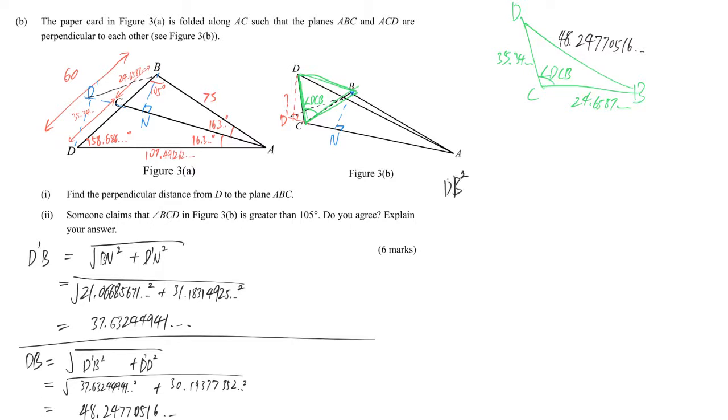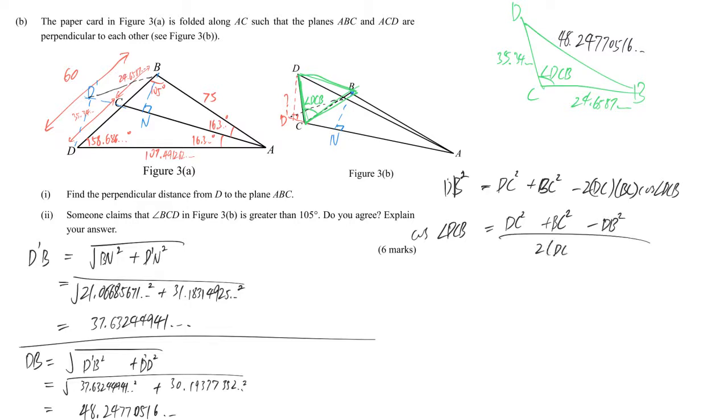DB square should equal DC square plus BC square minus 2 DC BC cosine that angle. So cosine that angle should equal DC square plus BC square minus DB square over 2 DC and BC.